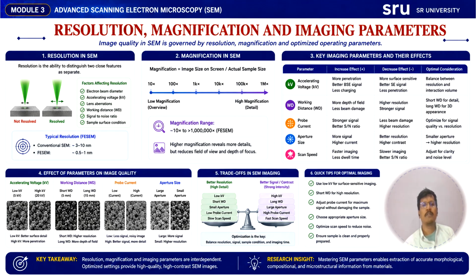That's why we use the lenses in the SEM to make a narrow beam diameter. The second one is the accelerating voltage, which also influences the resolution because it affects the beam penetration and interaction volume.